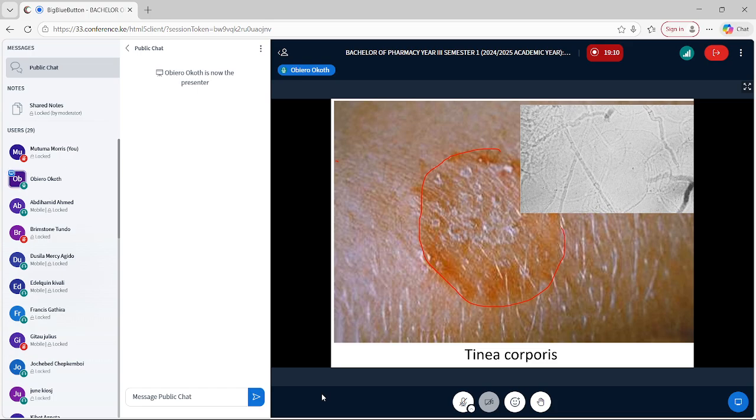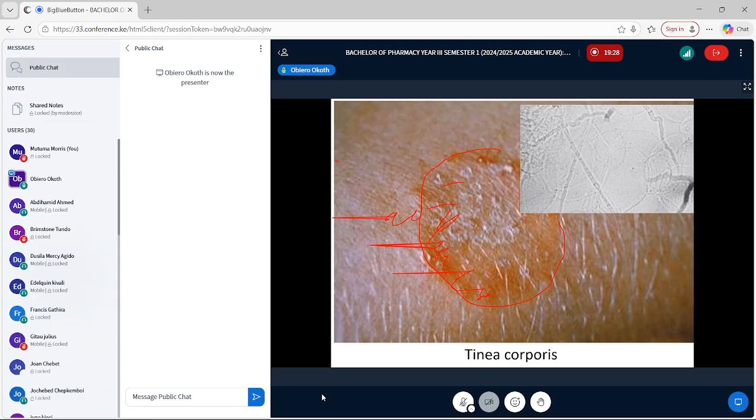Tinea corporis is found on the skin. This is normally what we call a potassium hydroxide preparation. You scrape the lesion, then dissolve whatever you get with potassium hydroxide, then look under the microscope.